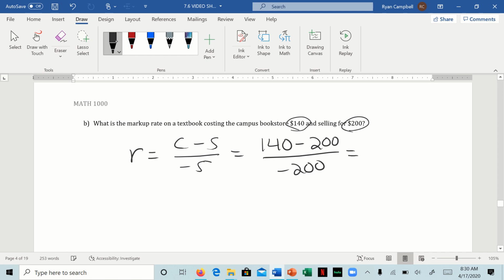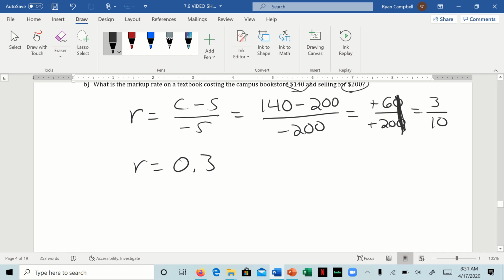So 140 minus 200 is negative 60 over negative 200. The negatives cancel, the first zeros cancel, and we divide the top and bottom by 2. Top divided by 2 is 3, bottom divided by 2 is 10. So R is just going to be 0.3.